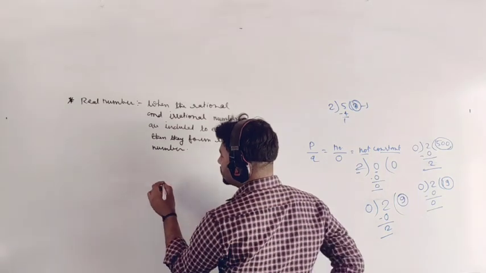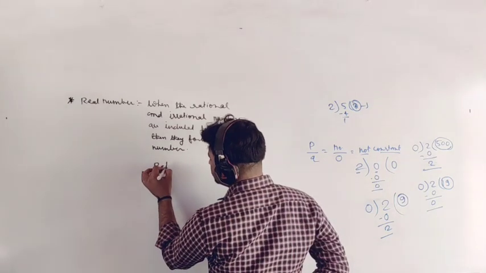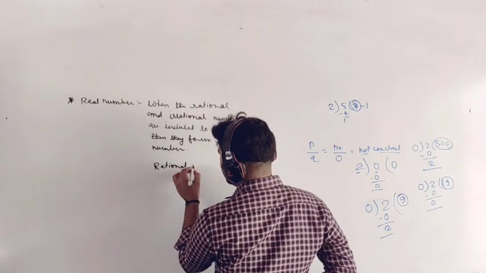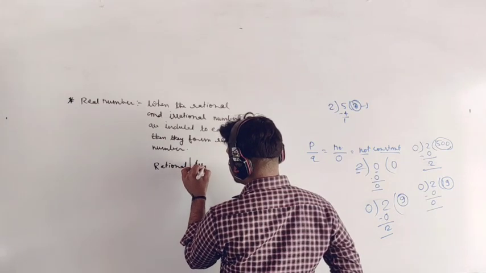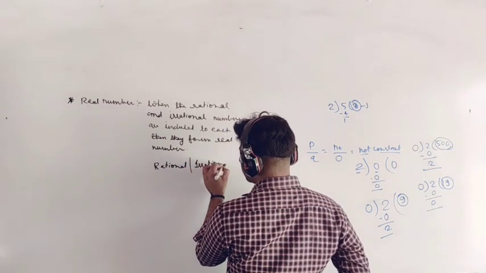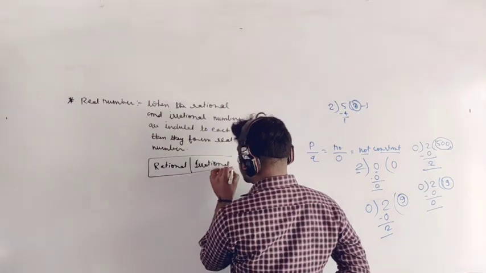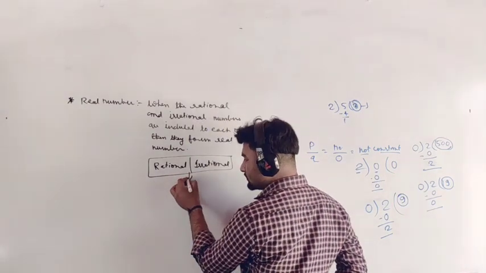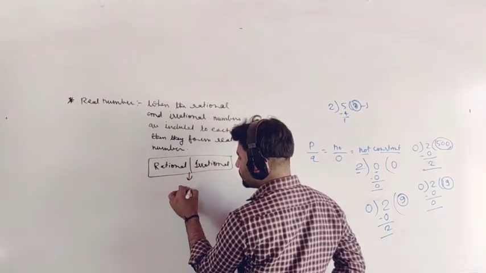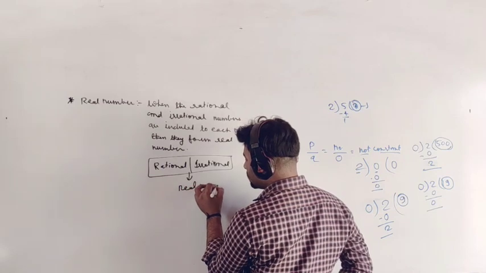Means when rational and irrational numbers are combined with each other, the form that is formed is called a real number.